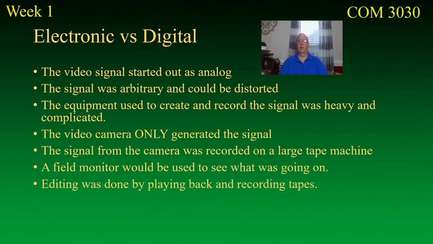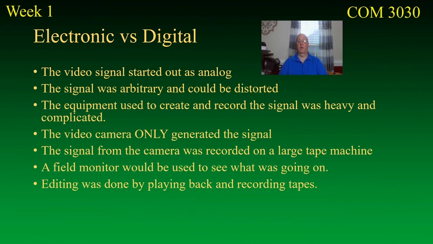And of course, editing was done by playing back and recording tapes. And tapes are the most unreliable things you will ever see. Meaning that if there was a slight defect in the tape, 20 minutes of your programming could be completely unusable, because the tapes were 20 minutes long. And so you'd be praying that didn't happen, because you wouldn't know until you played it back.